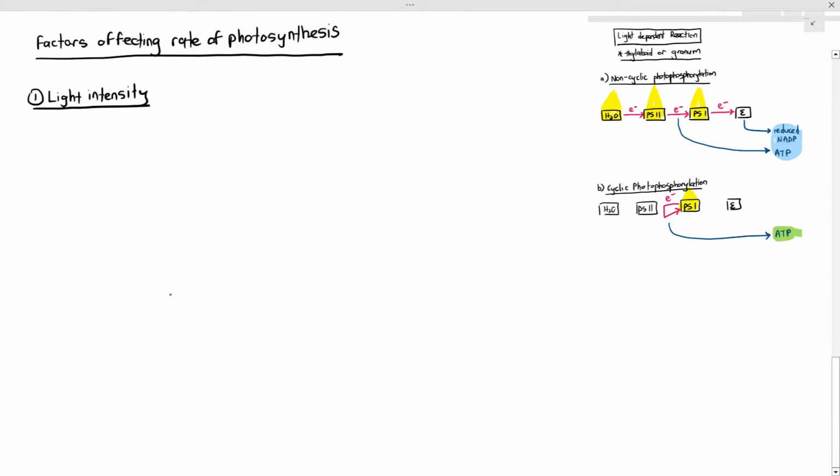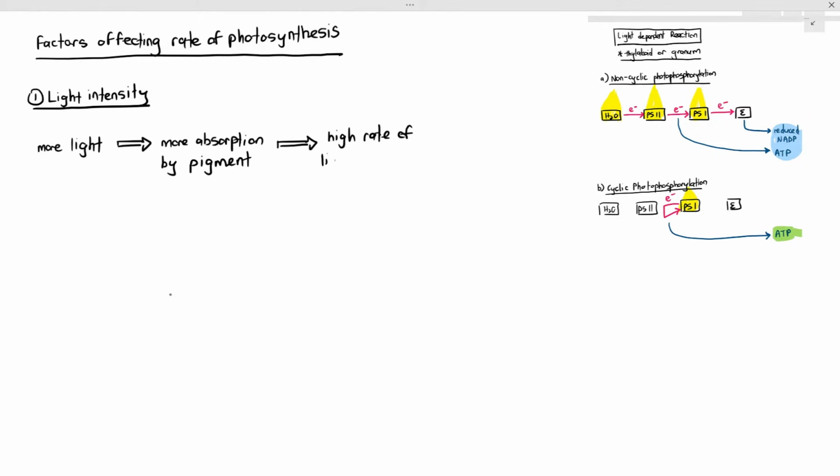So, logically speaking, when you have more light or a higher light intensity, more absorption of light will be done by the pigments in the thylakoids or the photosystems, if you want to be more specific, and therefore there will be a higher rate of light-dependent reaction, and it will produce more reduced NADPs and more ATPs.